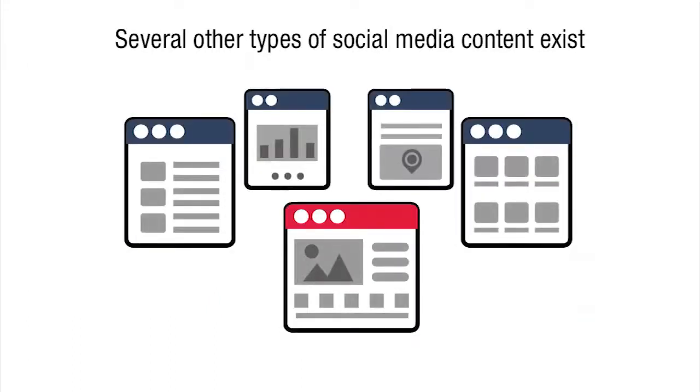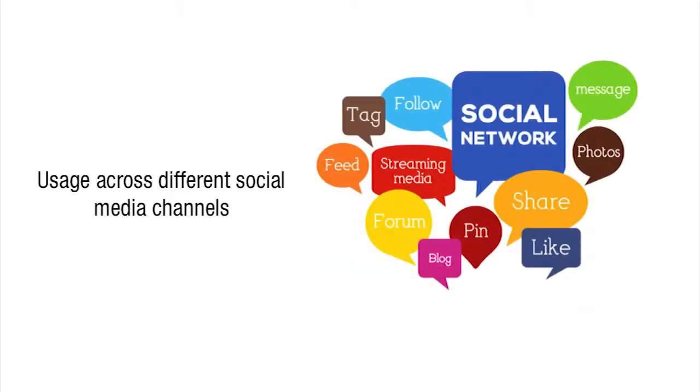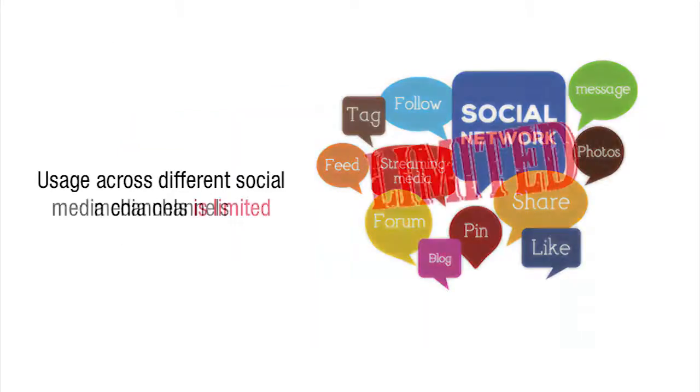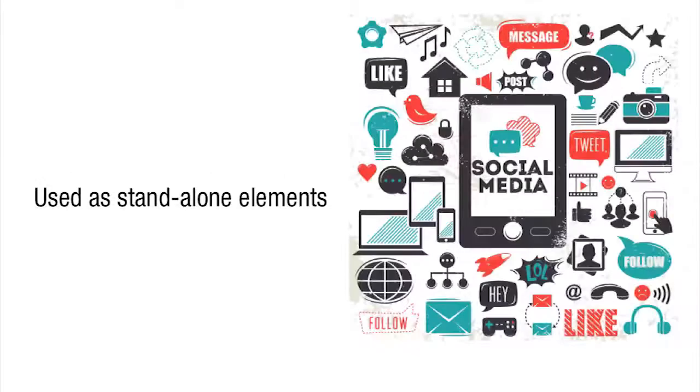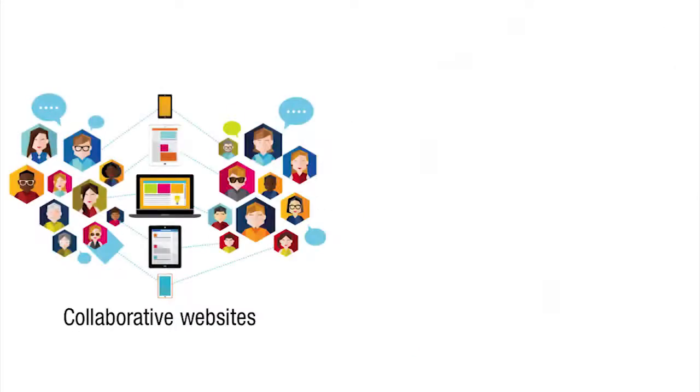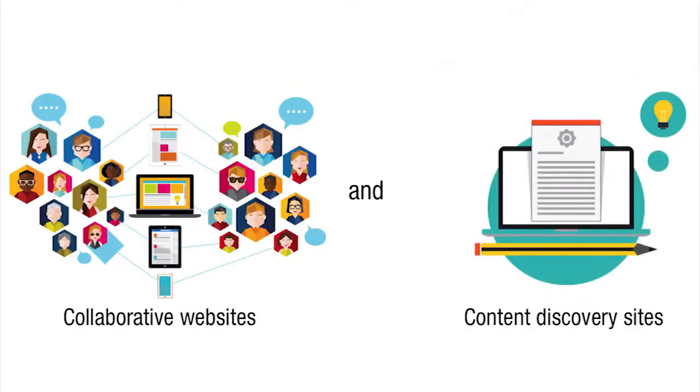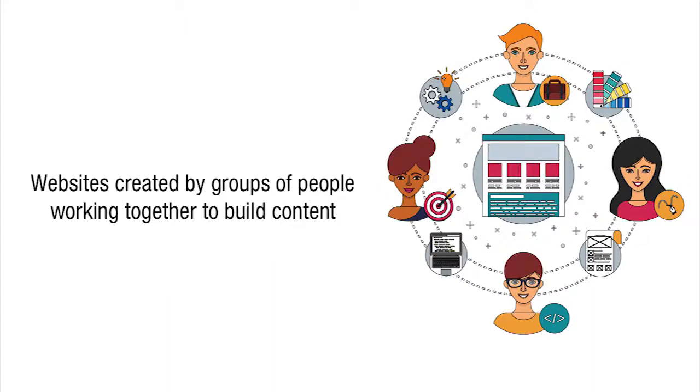Several other types of social media content exist. However, their usage across different social media channels is limited, and they are mostly used as standalone elements. Two such elements are collaborative websites and content discovery sites. Collaborative websites. These websites are created by groups of people working together to build content on a particular topic.